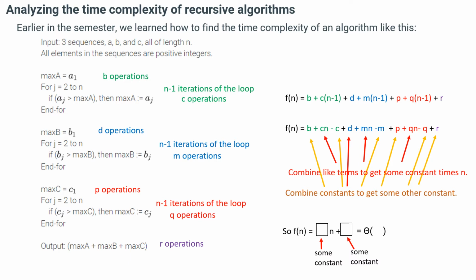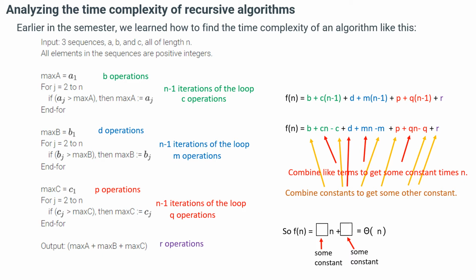If we have a constant times n plus another constant, that would be theta of n, right? Remember, when looking for theta, we don't care about the constants. If it's a polynomial, we find the highest degree of our variable, in this case n, so it's just n. So we would say that this is theta of n.